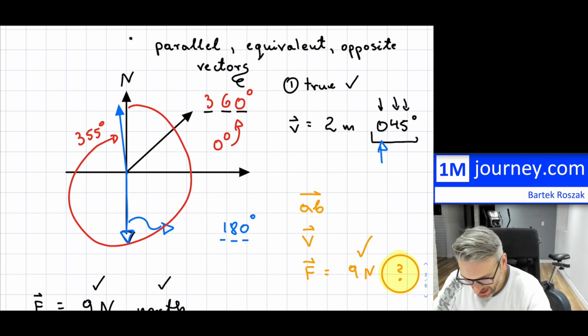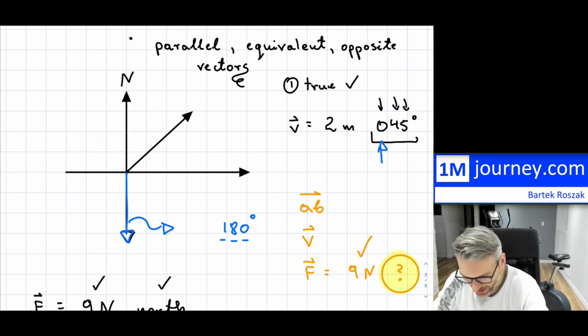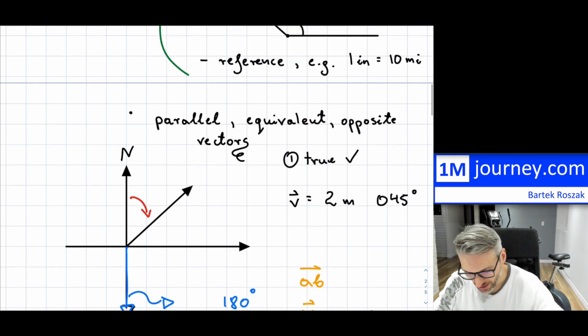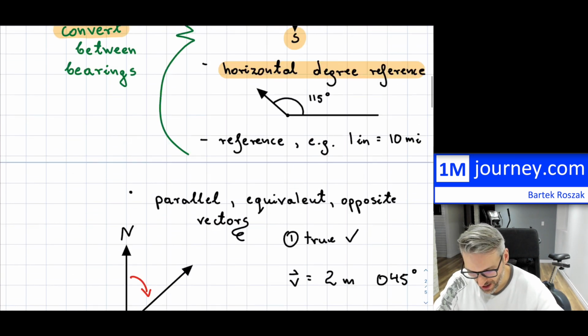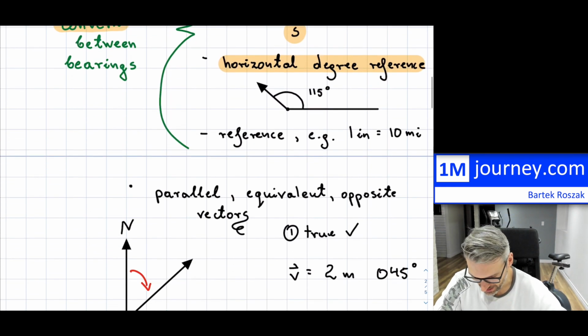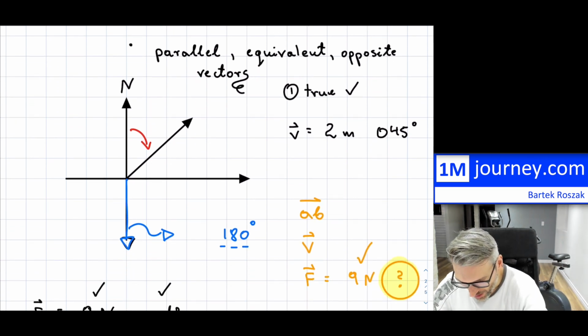Now, the other way that we can do the directions. So let's say we're going to stick with the first one that we had, which was this 45 degrees. How would you represent this if, instead of the true bearing, it was actually the quadrant bearing? So that is north, east, south, west, and so on. This one is actually pretty interesting. So you would write this out.